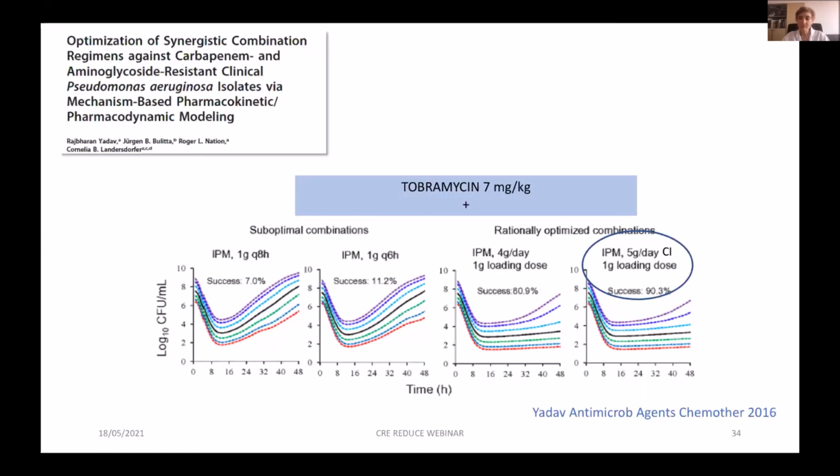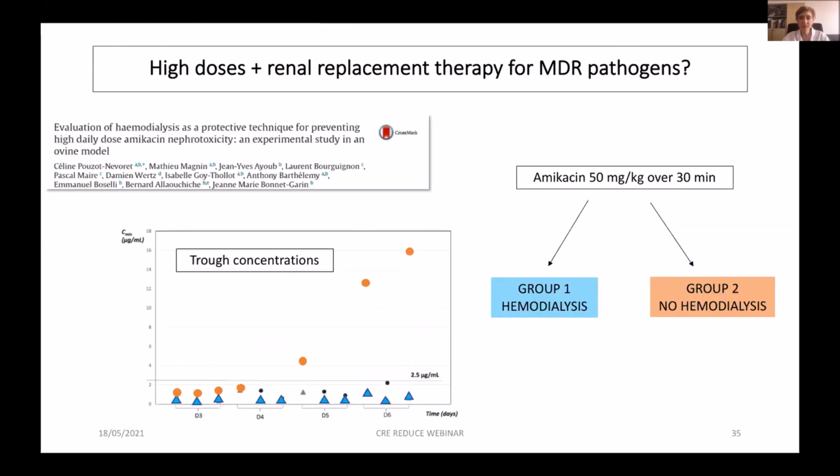So this means, again, being very careful with toxicity. But sometimes in these very difficult to treat pathogens, you may tolerate this toxicity and try to maximize efficacy using quite high doses of aminoglycosides and then apply renal replacement therapy to try to minimize toxicity.